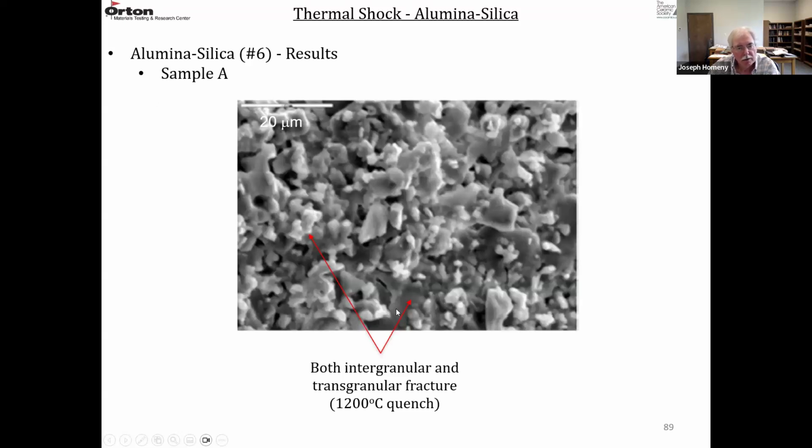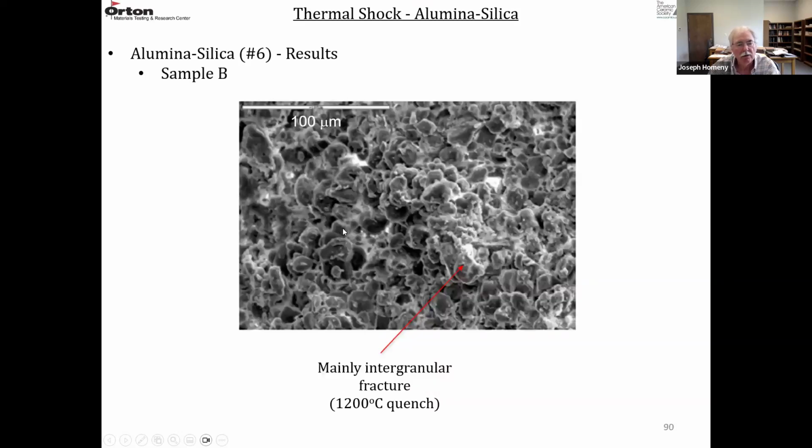Sample A has both intergranular and transgranular fracture. This is for the 1200 degree C quench. This is pretty high magnification in the matrix. You can see here this particular crystal shows transgranular fracture, and then for these other crystals, the fracture goes around the particles.